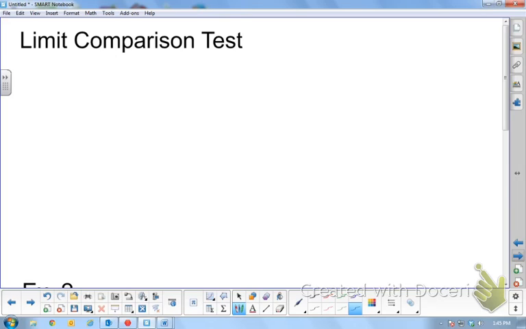Again, we need to assume our series has positive terms. Since we've got to compare it to stuff, we need 2 series. Suppose the sequence a sub n is bigger than 0 and b sub n is also bigger than 0.